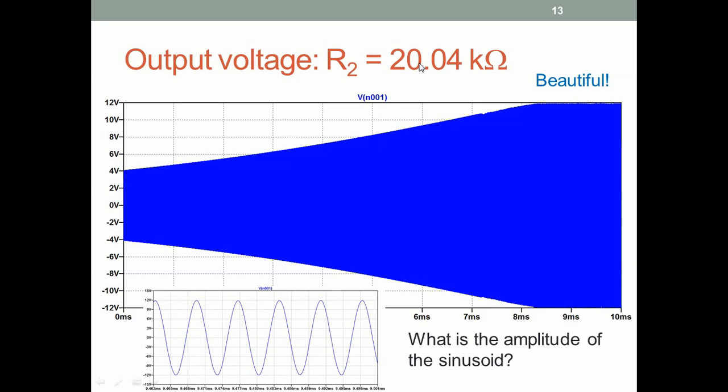So the point is that the gain in real life has to be slightly larger than 2. Why? Well, as I said, this is one of the complications of sinusoidal oscillators. The answer is that when we derived the theory on those equations, we assumed an ideal amplifier.